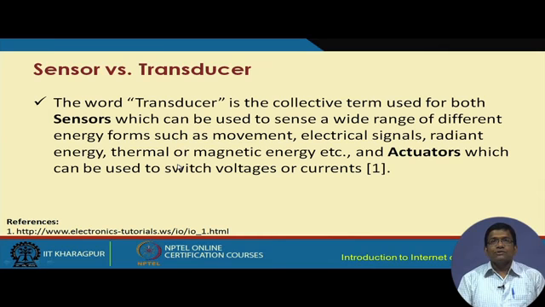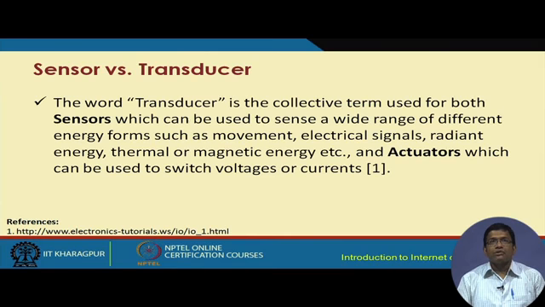These terms, sensors and transducers, are very common, they have a lot of overlap, and we have to understand the distinction between these two. There is a lot of misunderstanding; people use these terms almost interchangeably, but there are differences.